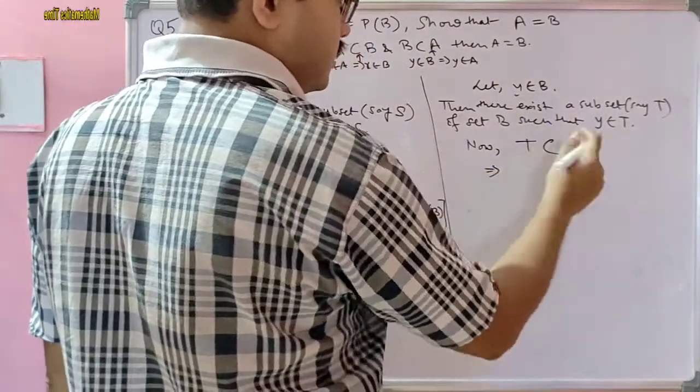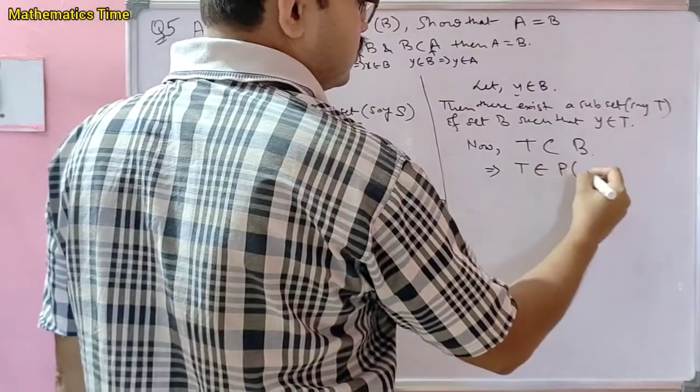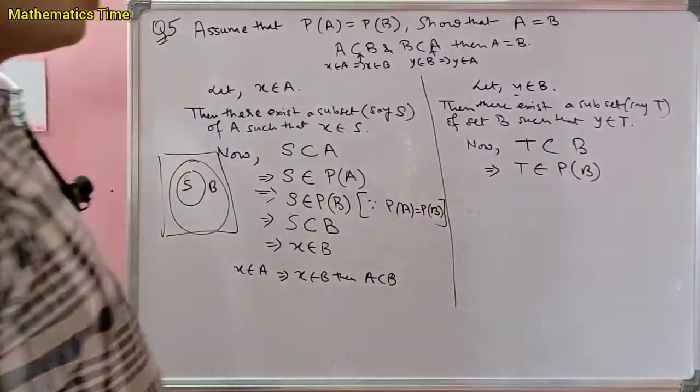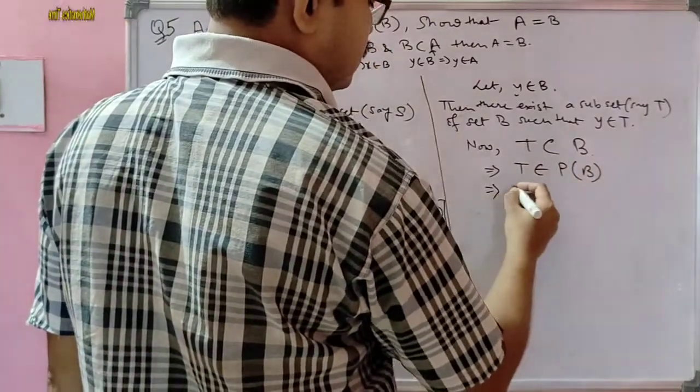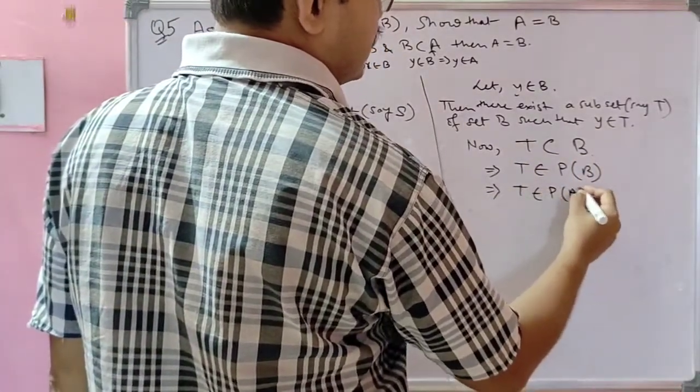As T is subset of B, T must belong to the power set of B, because power set of B contains all the subsets of B. So T must be an element of this. But now T belongs to power set of A. Why?